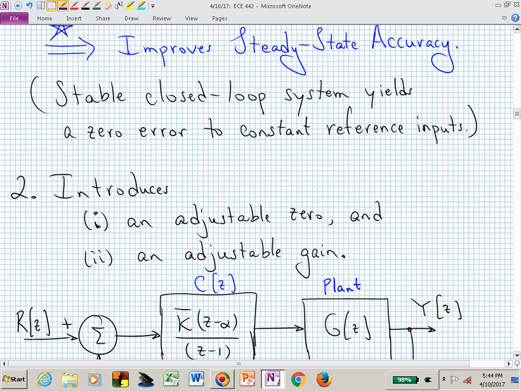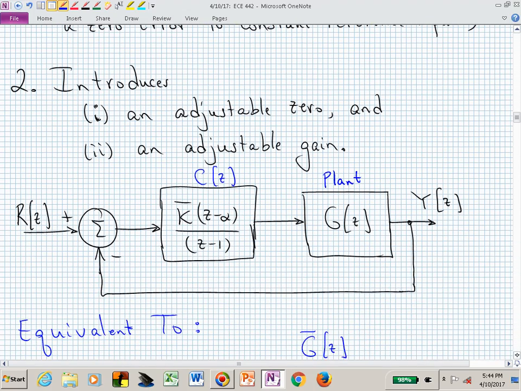What happened when we put in a P controller? A P controller was just the K bar. A PI controller now introduces these two additional factors. A zero factor, so we can locate the alpha wherever we want, and a fixed pole at Z equal 1. That's the structure of our PI controller.